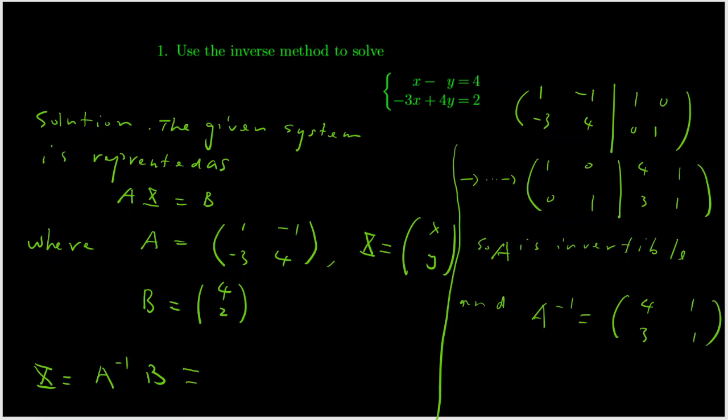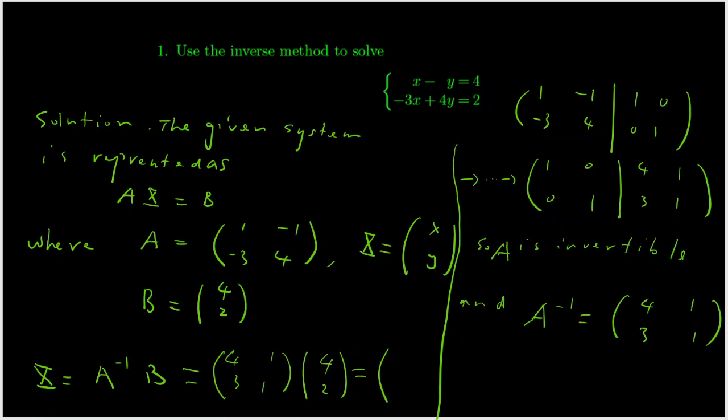So what you do is to put the inverse of A on the left, okay? 4 1 3 1, and then this location is supposed to be B, right? B is the column matrix for 2. Anybody want to tell me the answer to that?